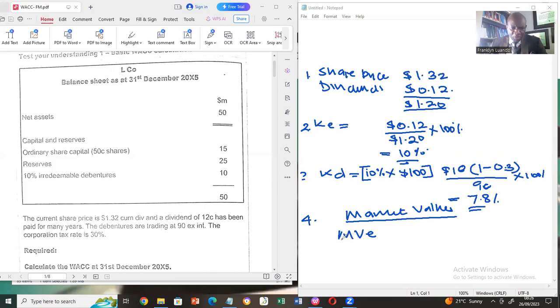So you need to know how many shares are there. The value of the shares is 15 million. 1 share is 50 cents, so you divide. So it will be 15 divided by 0.5. We have 30 multiplied by the market share, which is 1.2. And this gives us how much? This gives us 36 when you multiply.